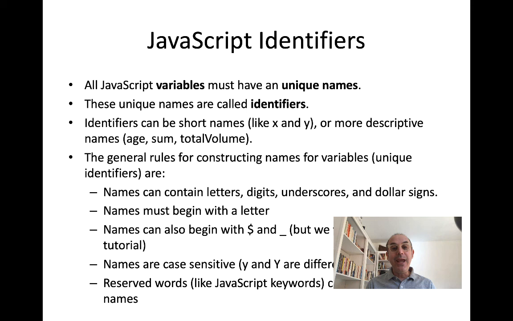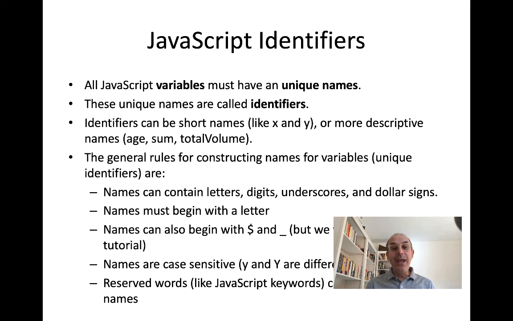You need to make sure that you are clear about what the variable is and what it contains, and it has to be letters, digits, underscores or dollar signs. Names must begin with a letter. Names beginning with a dollar sign or underscore will not be used in this tutorial because it is a little more complex.